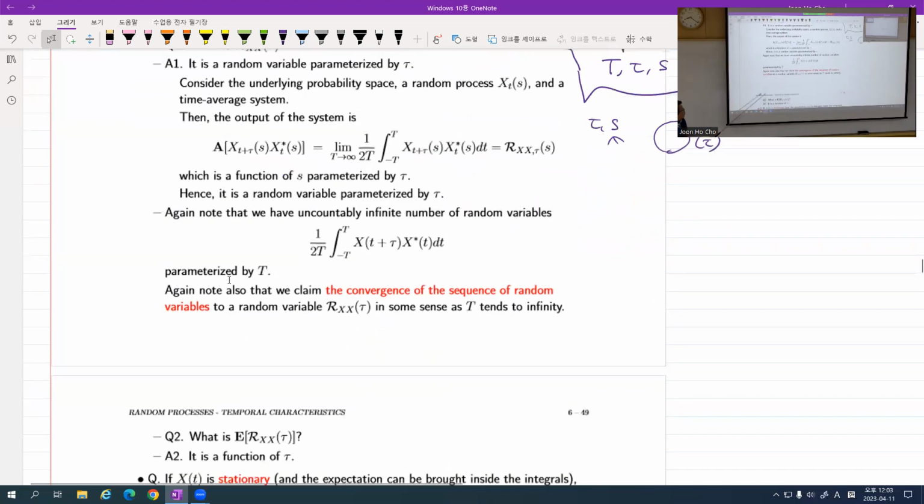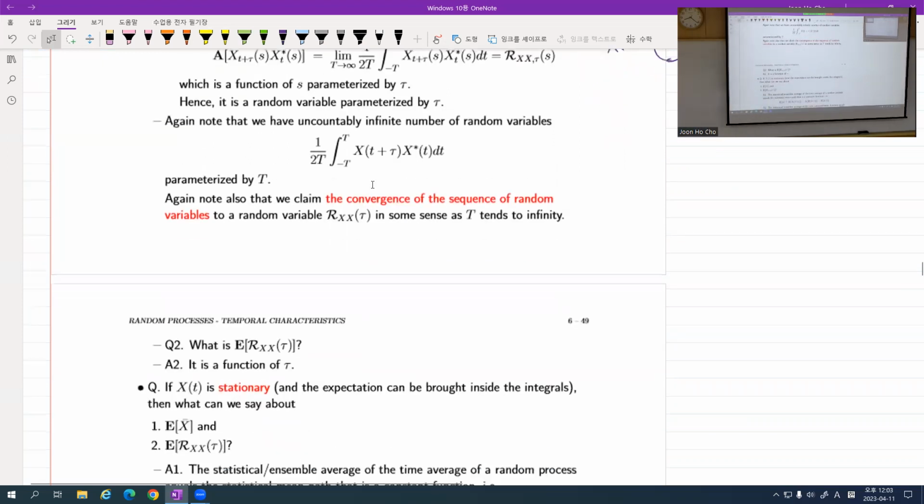By the way, what would be the expectation of the time autocorrelation function of x of t? Expectation. See that after expectation, dependence on s disappears, right? But still, the dependence on tau remains. So in general, this would be a function of tau. Got it?